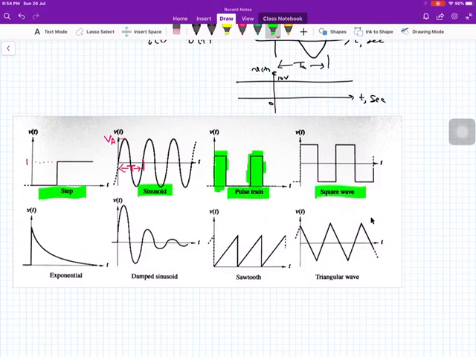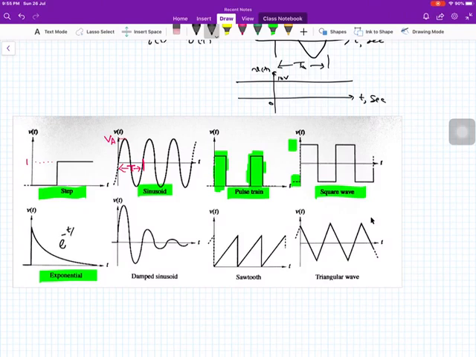The next signal is a square waveform. The amplitude, the positive and negative side, is not mentioned. This is an exponential signal, a decaying exponential with negative sign.